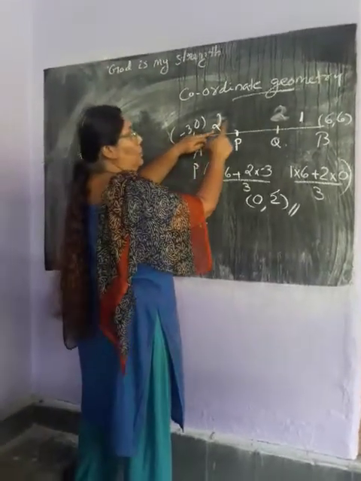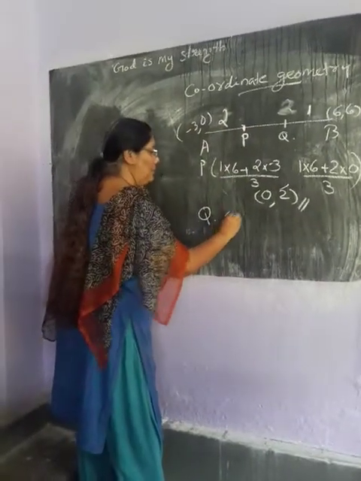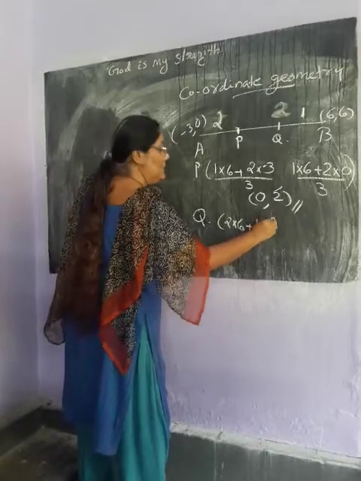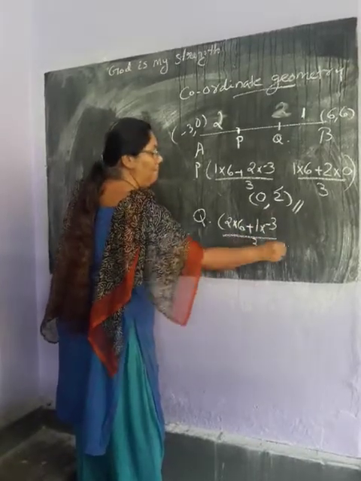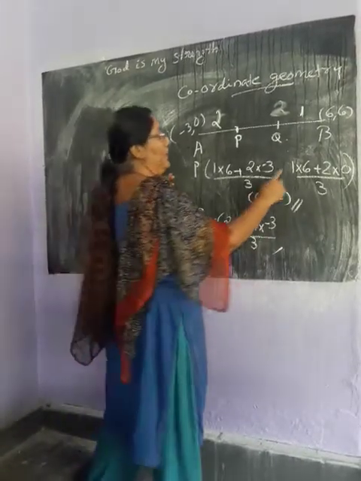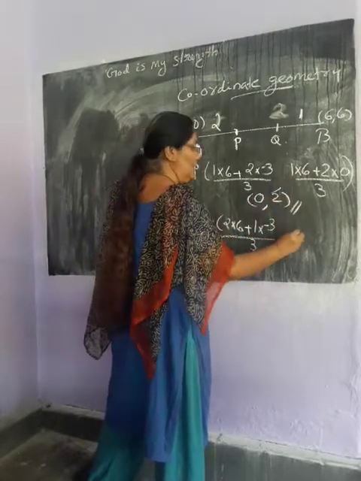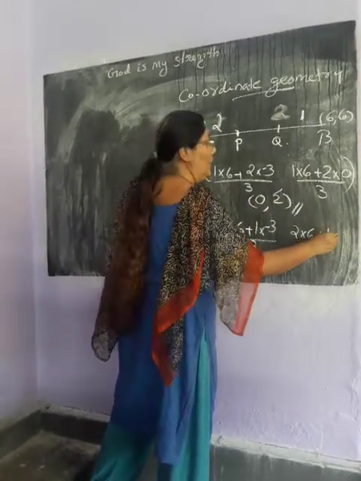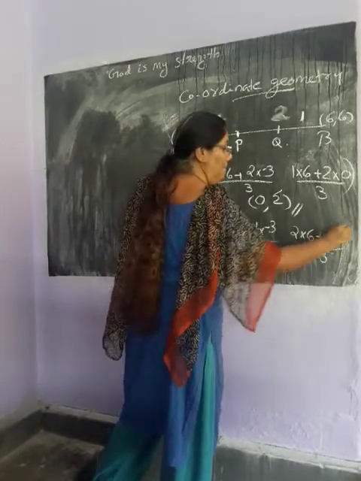Therefore, 2 into 6 plus 1 into -3 by 3. And next one is 2 into 6 plus 1 into 0 by 3.